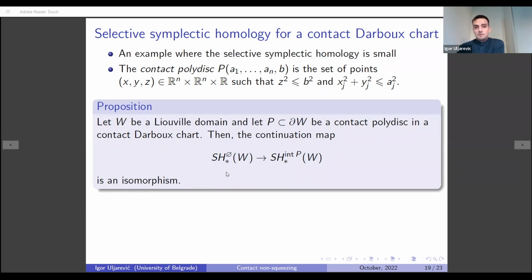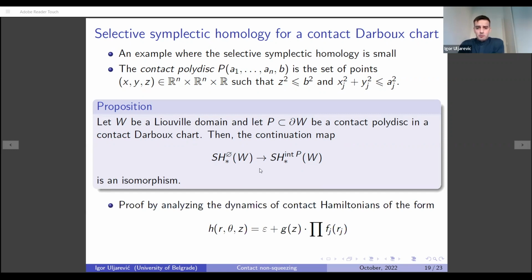And if you remember, the selective symplectic homology for the empty set is isomorphic to the singular homology of W relative to its boundary. So the group on the left has dimension less than the sum of Betti numbers of W. We'll consider that small.